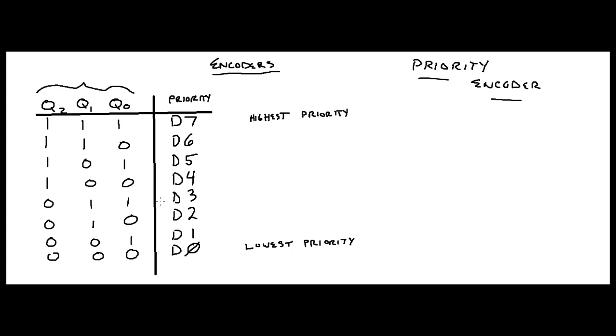So let's think about this. How are we going to write the equations for each one of these? Because it's going to be different than a non-priority encoder, isn't it? So what we're going to do, we're going to write Q2, Q1, and Q0, right?